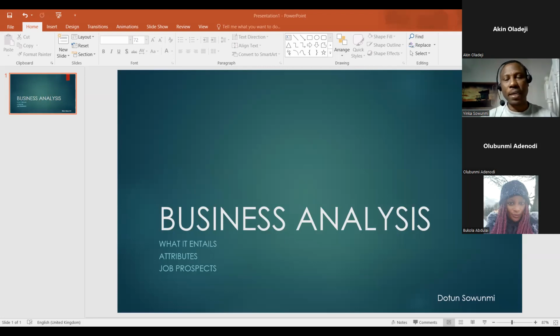The purpose of engaging a business analyst is just to improve a process, either IT or a piece of software that needs improvement, or they need a new one that will enhance the way they do their work. So it's just about improvement.